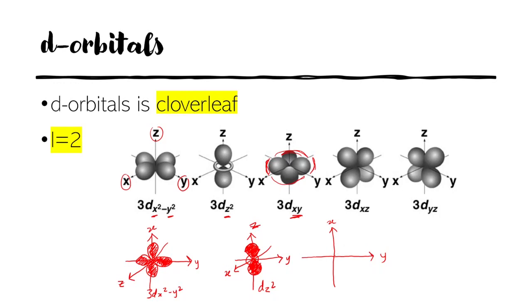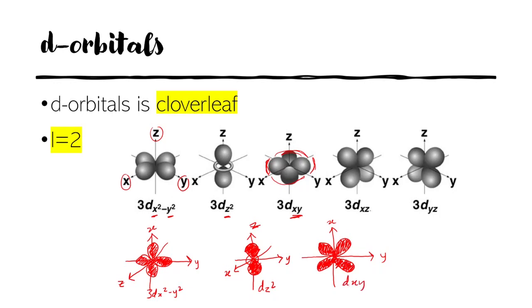So you draw the orbital in between. Okay, I'm using a digital pen here, so my drawing is not nice. But that is just my excuse, because if I draw this on paper, the drawing is still like this. So this is dxy.